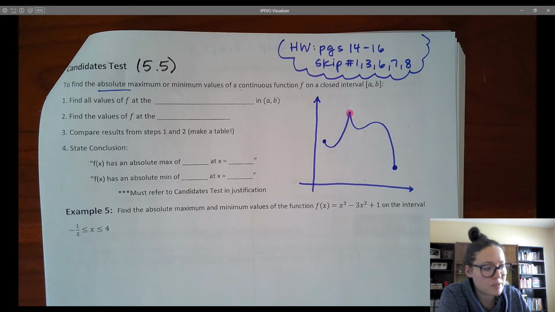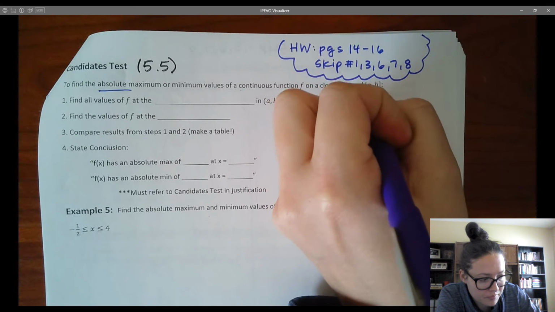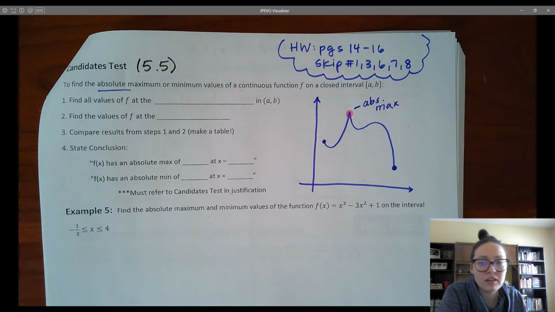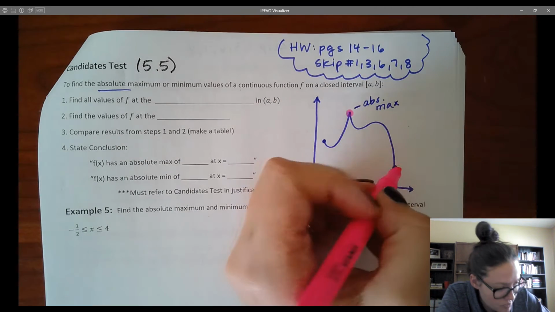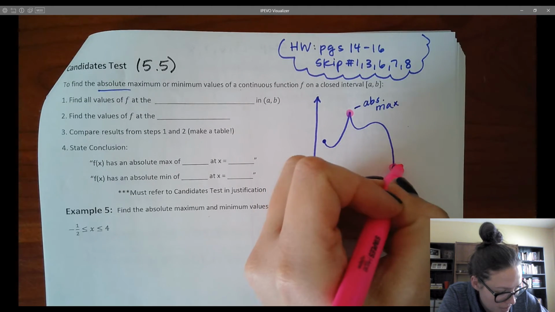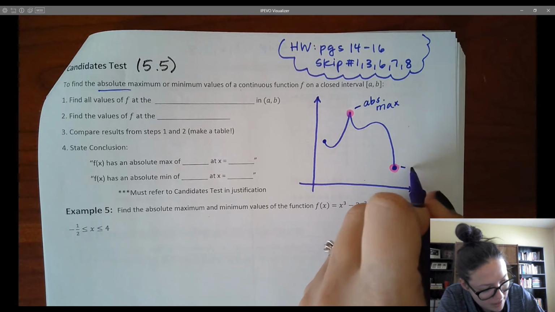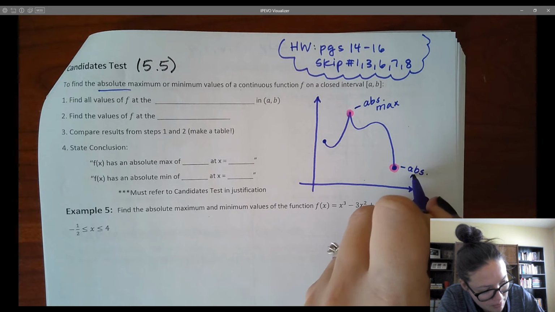That's the absolute maximum. And the minimum point, the absolute minimum, is at this endpoint here. That's the absolute minimum.